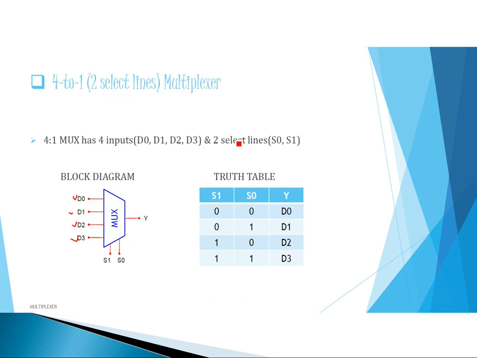The same procedure is used to write this output expression. You can see here when S1 and S0 both are 0, 0, D0 will be selected. So how do you represent 0? Just by taking the complement of that variable, that is S1 bar S0 bar D0.